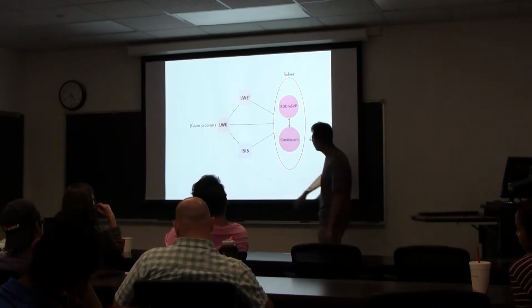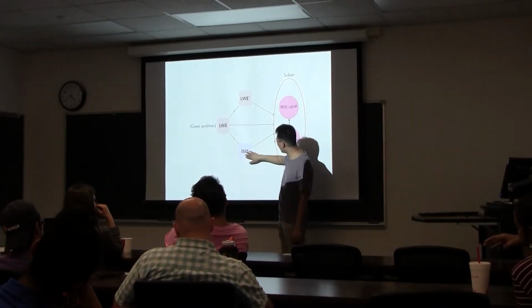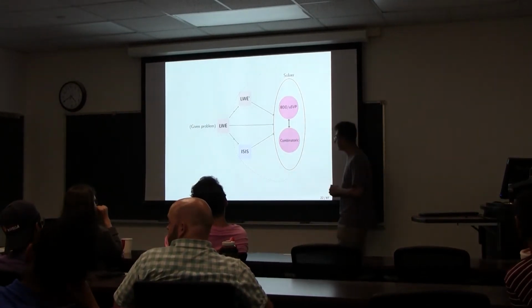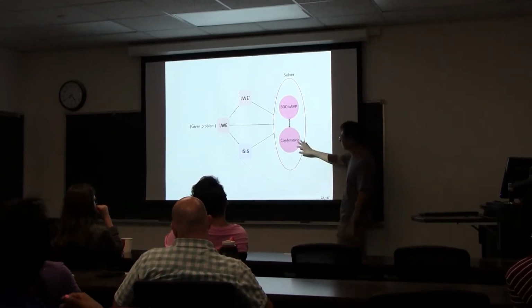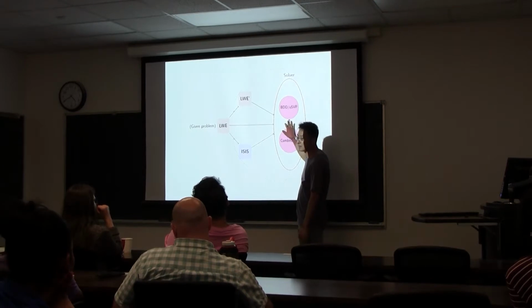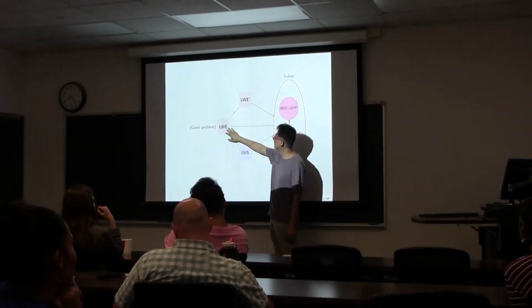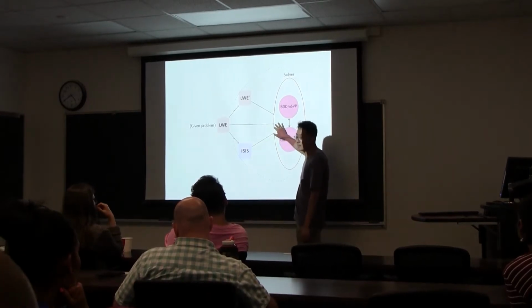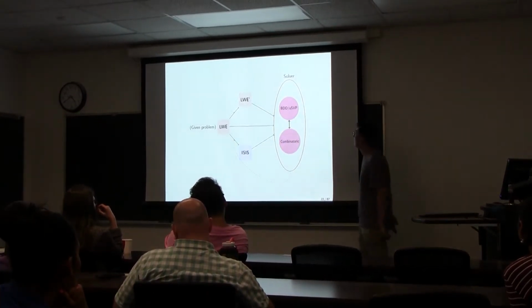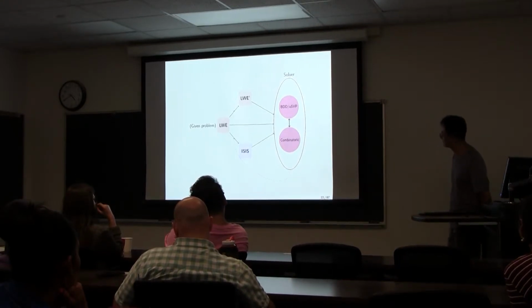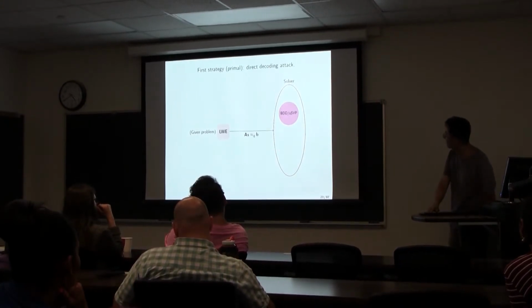Alternatively, we can convert this LWE into an SIS problem, which was the other problem I mentioned before, and then solve it using the lattice solver. But of course, we can also just solve the LWE problem directly using the lattice solver. So there are at least three strategies that we can consider.